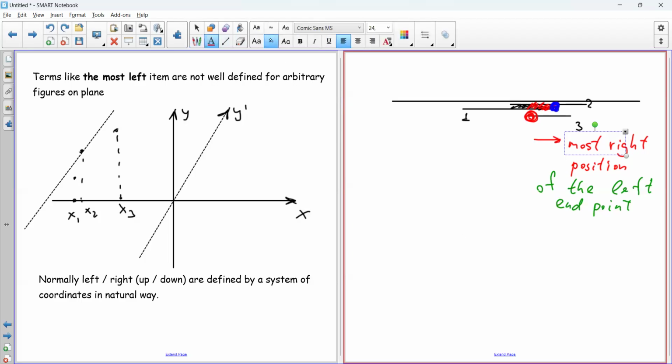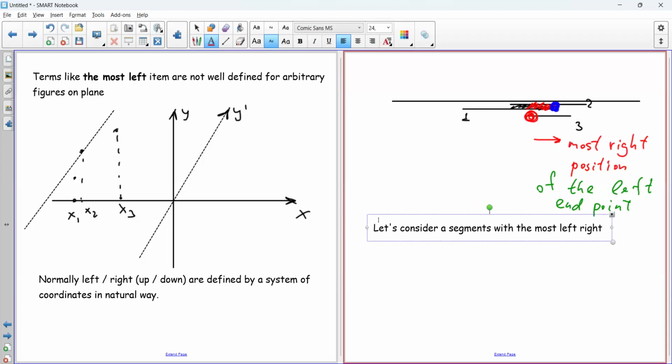So what I say now is let's consider a segment with the most left right end.